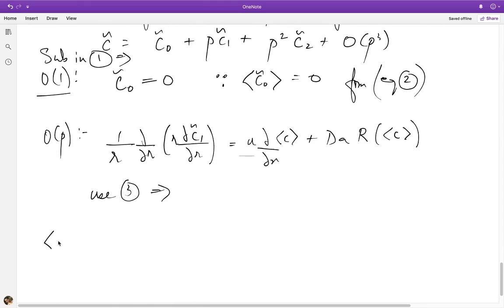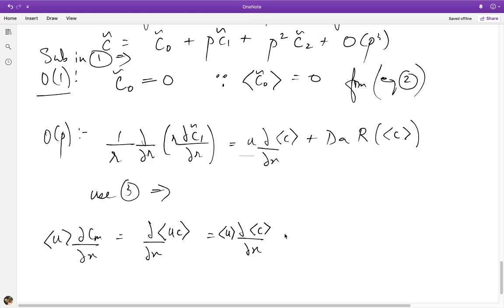So I can write this as, remember, if you go back to the fact that this is simply uc, I can write this as, where u tilde is the deviation of u from its average.